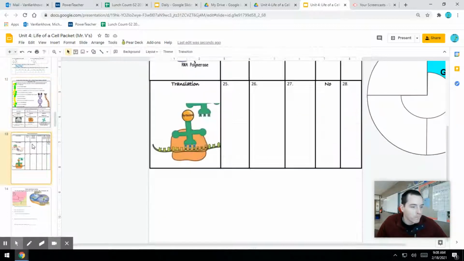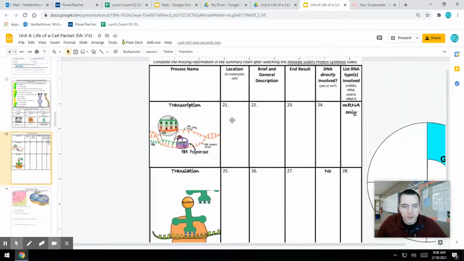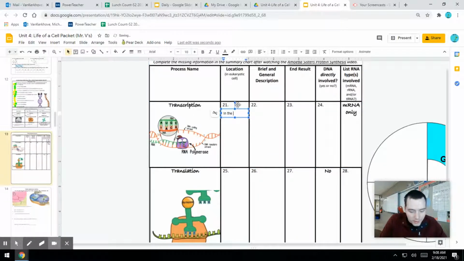Okay. So now if we look at the next page, transcription happens in the nucleus. Translation happens in the cytoplasm at the ribosome.